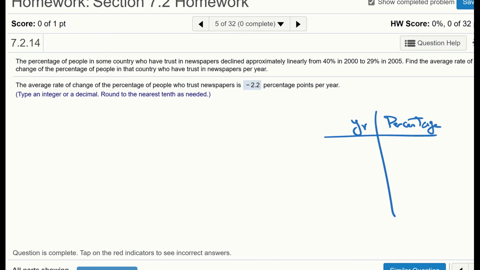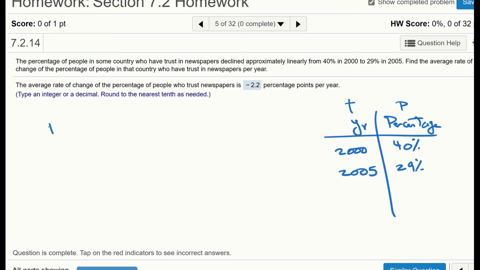So maybe if we're going to use variables, we'll use T and P, right? And we will have for the year 2000 corresponded to 40% trust in the newspapers, and in 2005 it had gone down to 29%, right?